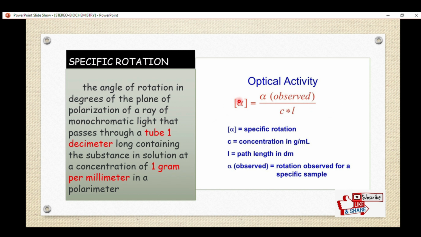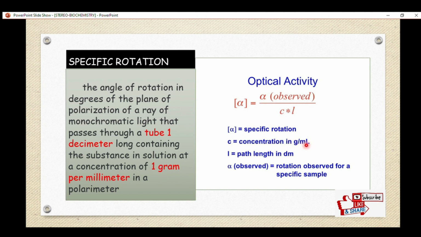Specific rotation is this, that's alpha here, and this is the observed angle of rotation, which you can represent by alpha naught.